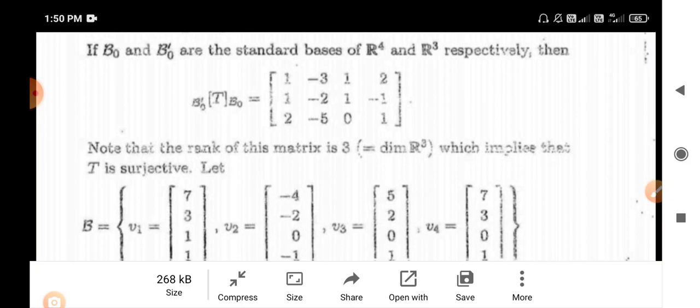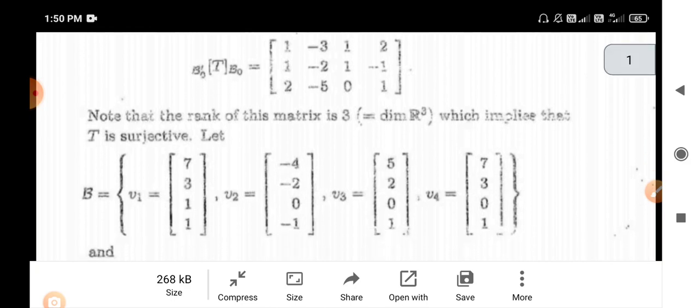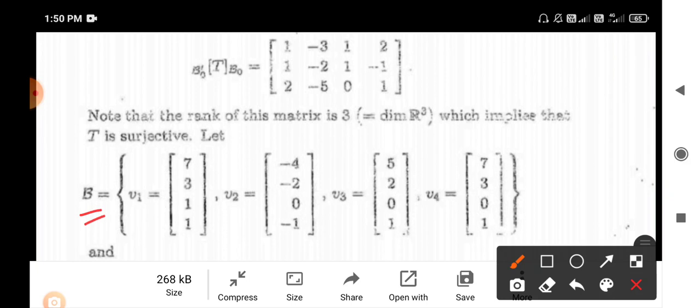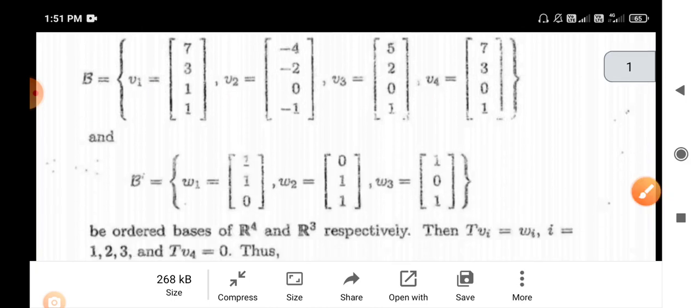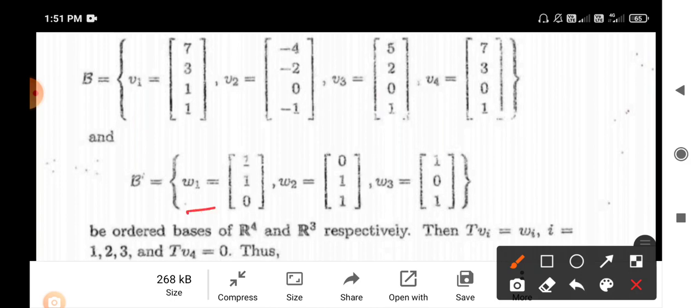Now let us take an element. Suppose B is another basis containing elements V1, V2, V3, V4. These are given. And B dash be another basis of R3 containing W1, W2, W3, with the ordered bases of R4 and R3 respectively.